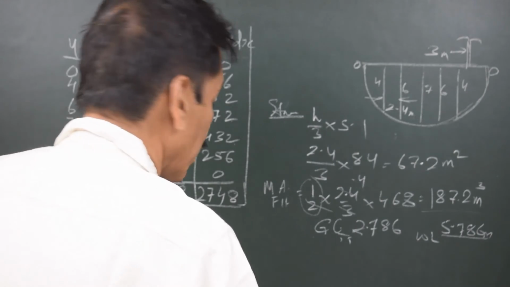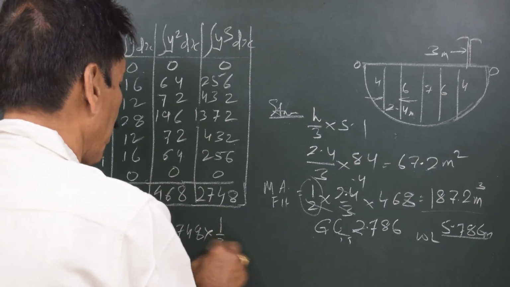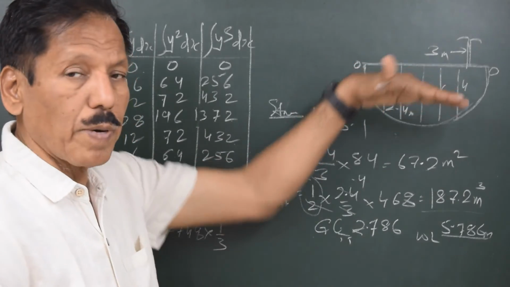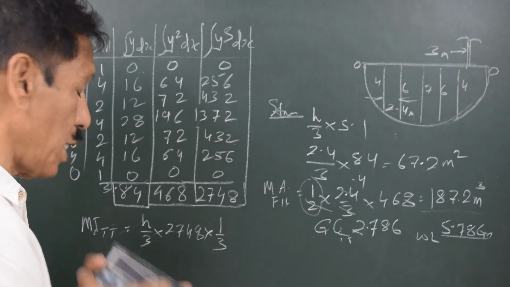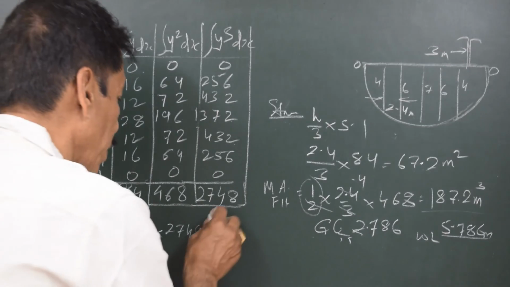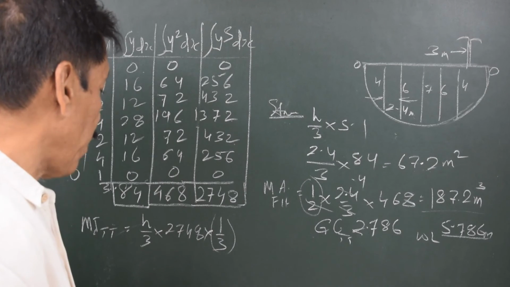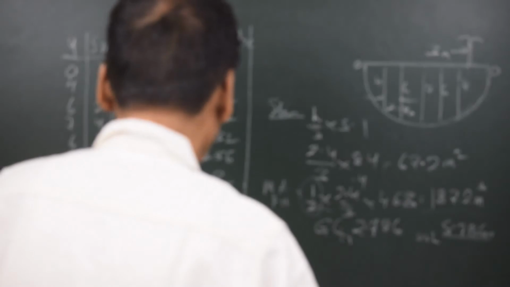But from the formula we need to multiply this with 1 upon 3. So once again, please remember, wherever the ordinates are perpendicular to the reference axis, to find the moment of inertia I introduce 1 by 3 as a constant, and then the calculations will be correct.